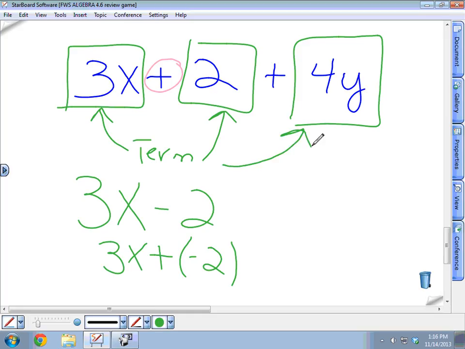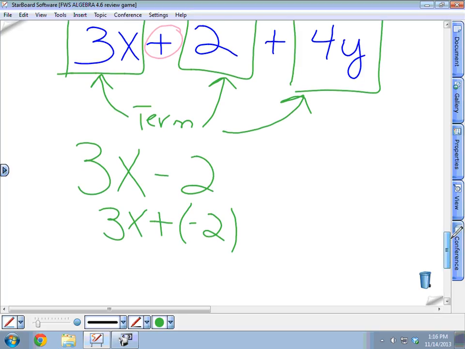Now we have a trinomial. And all of these, whether it's a monomial, a binomial, a trinomial, or 4 or more terms, they're all polynomials. The prefix poly means many, or multiple, okay? So any of these are all polynomials. All right.